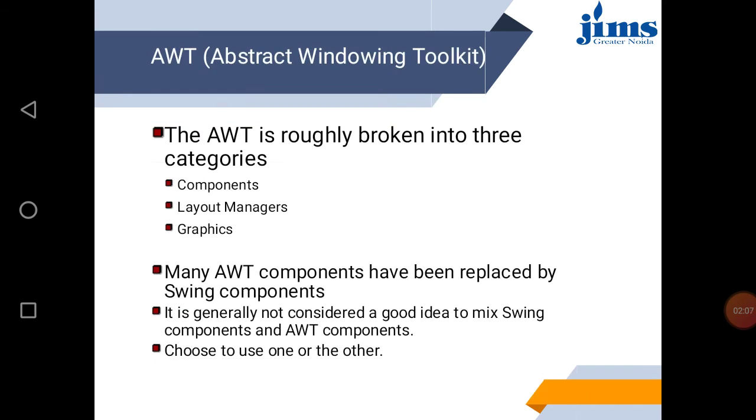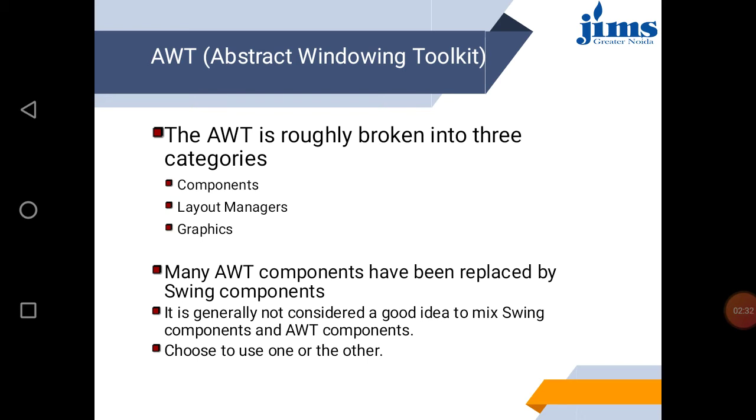And in window application development, Java has provided one technique, or we can say a toolkit, the Abstract Window Toolkit, for window programming. So what does AWT contain? AWT contains components, layout managers, and graphics.